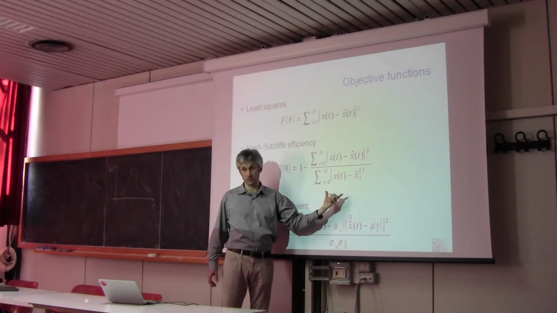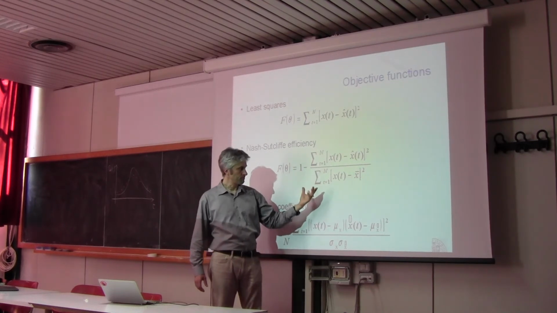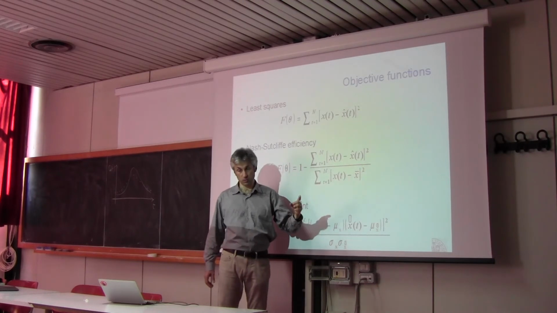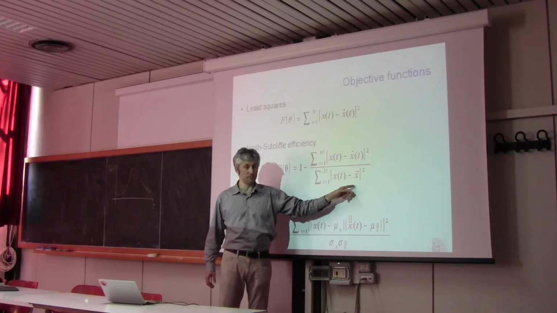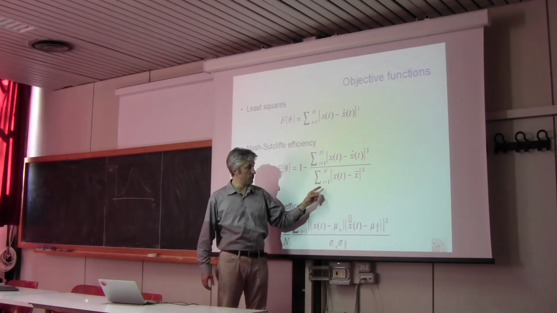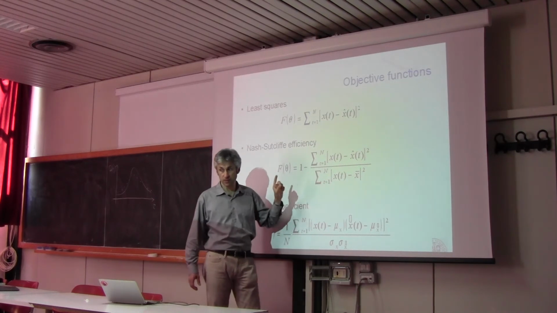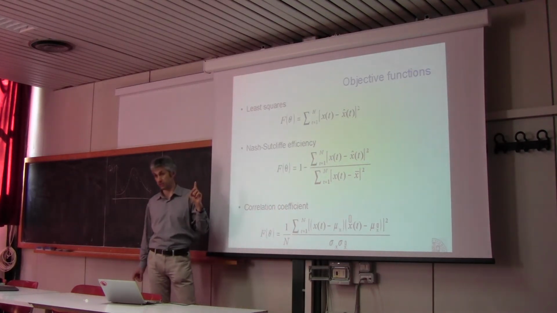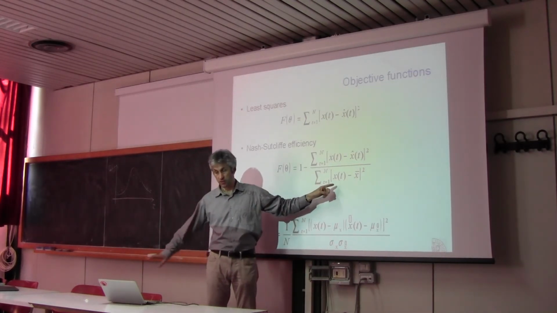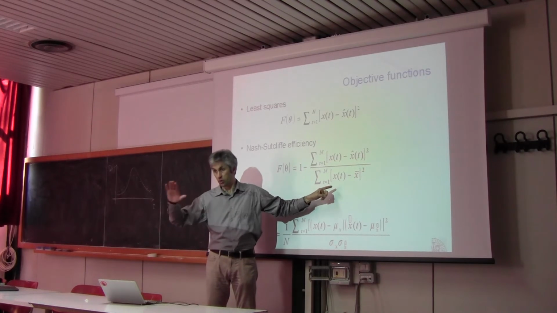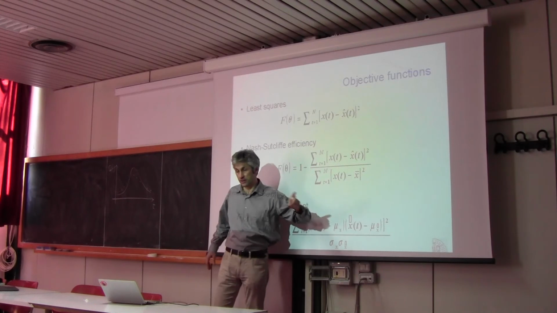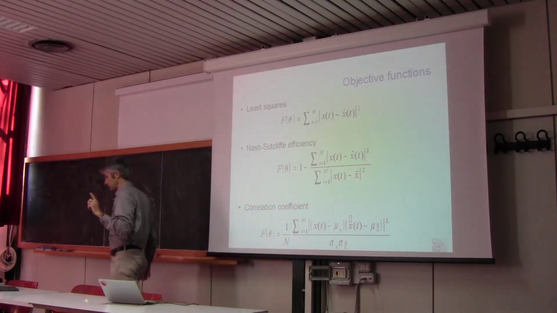At the denominator, we have, again, a squared function, which is the difference between any observation and the mean value. And this is fixed. It doesn't depend on the parameters, because these are observations, and observed values don't change if you change the model. And their mean value, in the same way, doesn't change.